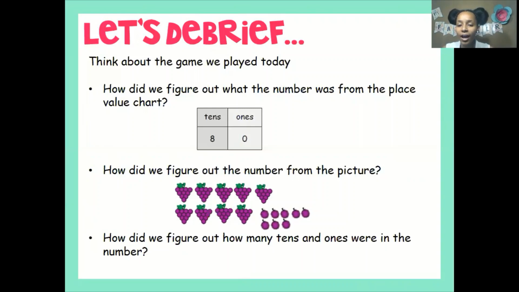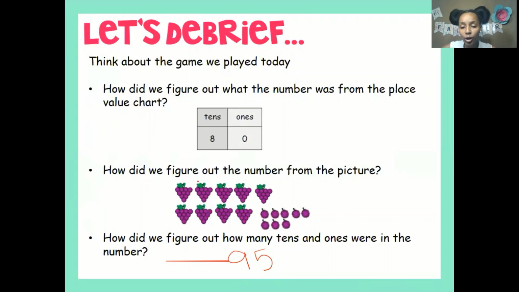Friends, how did you figure out how many tens and ones were in the number? When we had a number, how did you figure out how many tens and ones were in the number? Let's say we had the number 95. How did you figure out how many tens and ones were in 95?